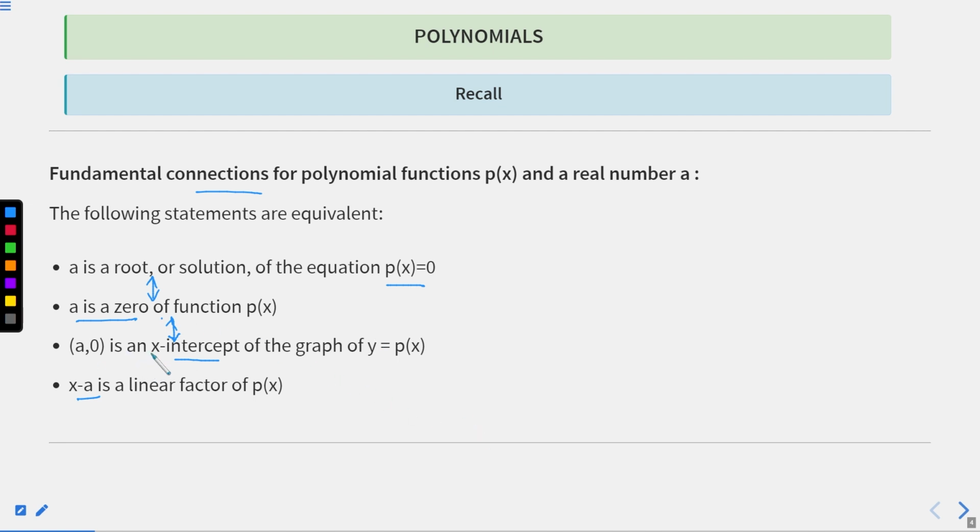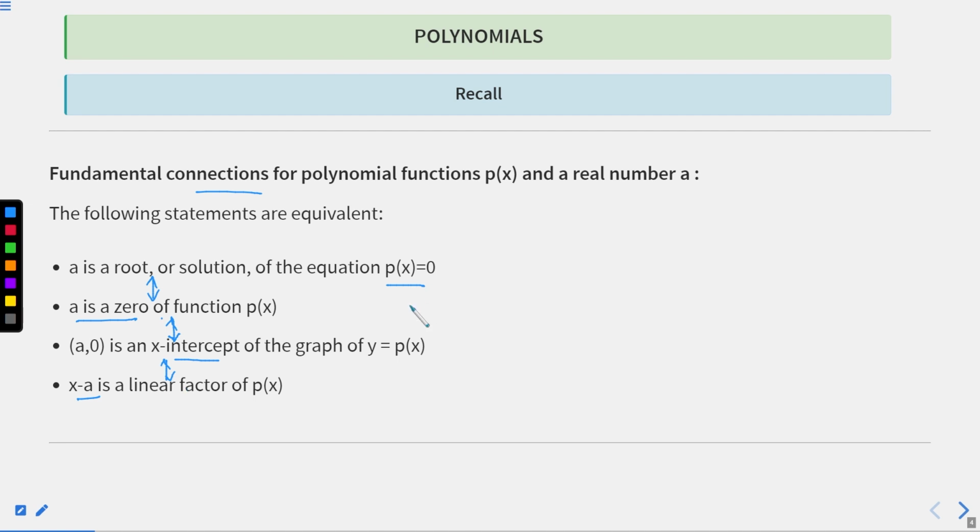This and the statement that a is a zero of p of x are equivalent. And if a comma 0 is an x-intercept of the graph y equal to p of x, then you can say x minus a is also a linear factor of p of x. So these two statements are also equivalent to each other.